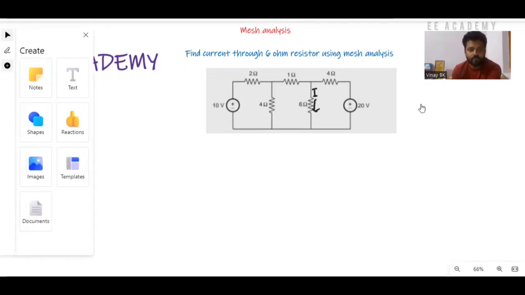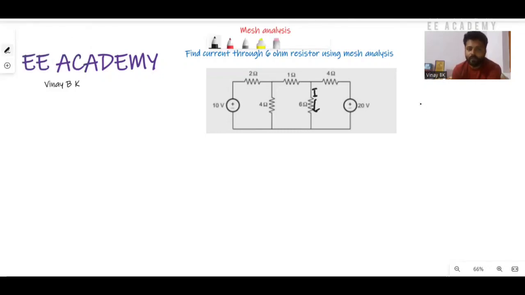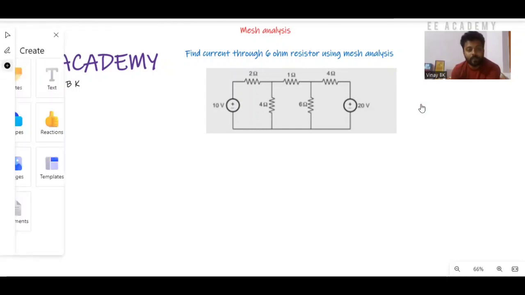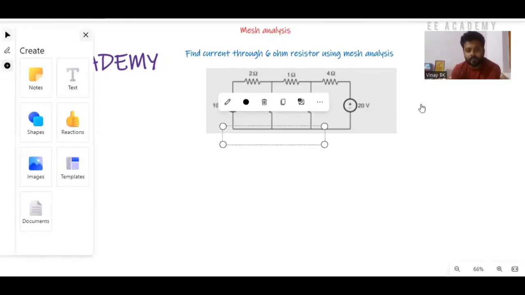Before starting the problem, we should know something about mesh analysis. You should know mesh analysis, and only then can you apply it and understand everything. It has certain rules.